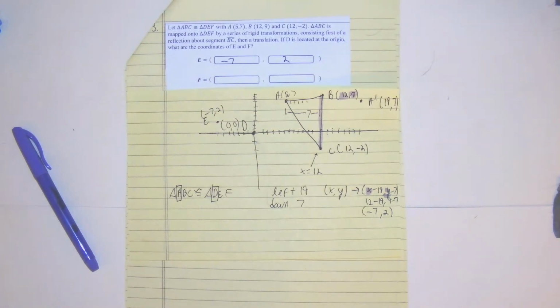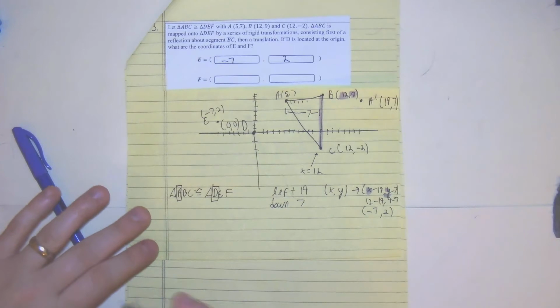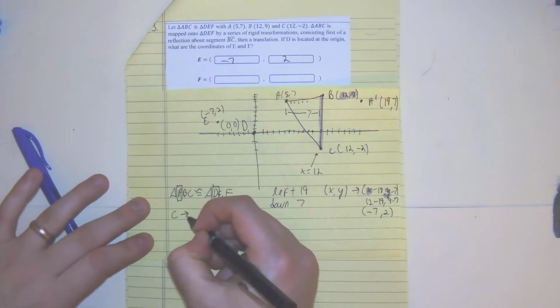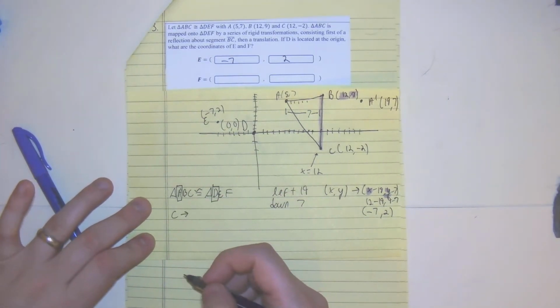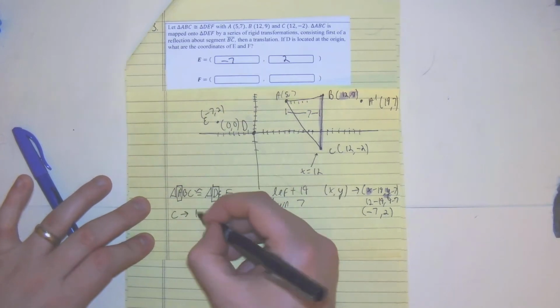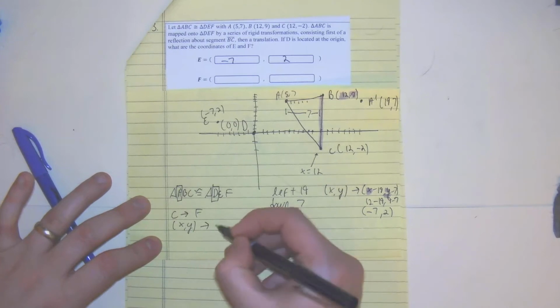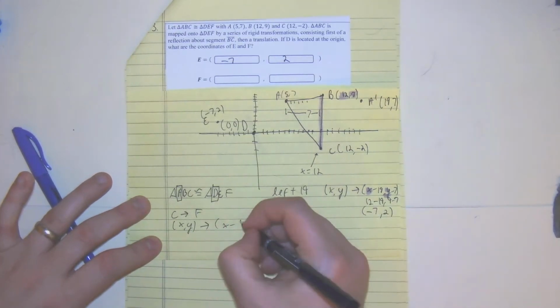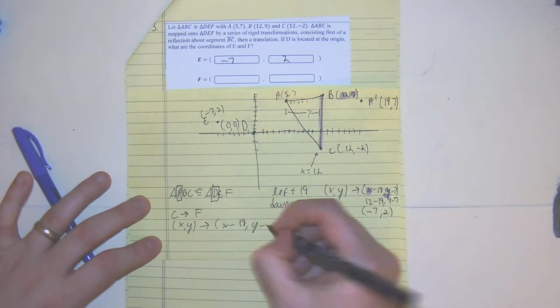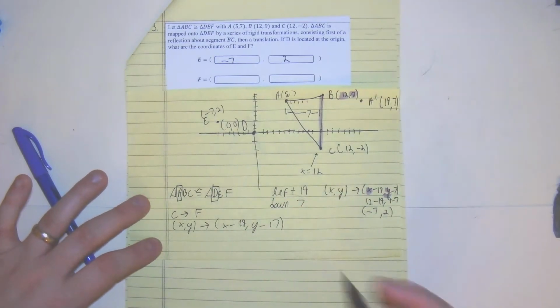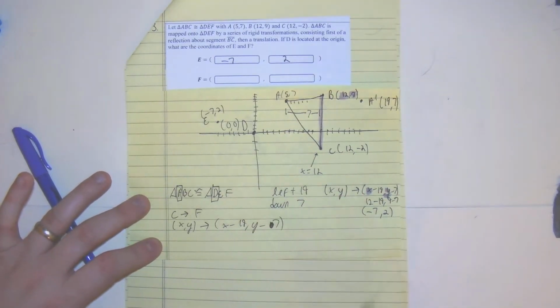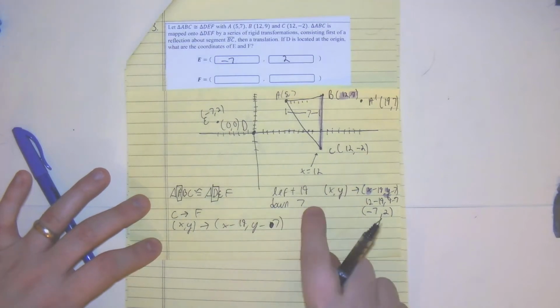Then from here we have point F. Point F is going to be congruent to C, so we would do the same thing for C. For C to point F, we would do x, y becomes x minus 19, y minus 7. Always watch it. Down 7.